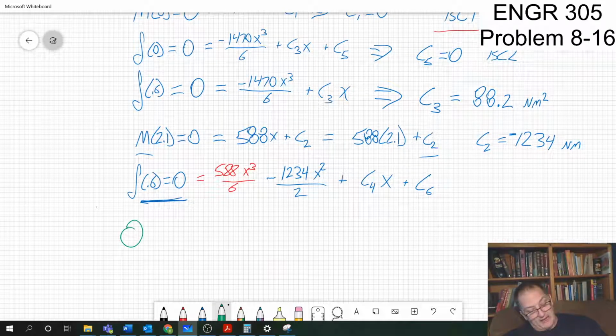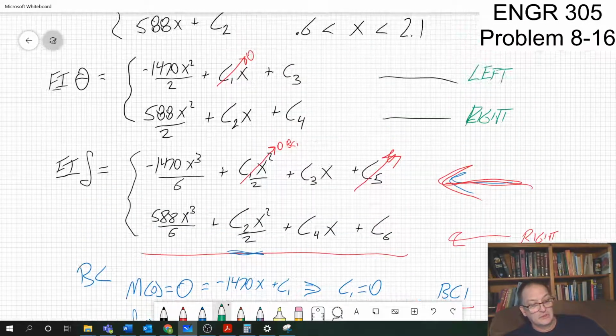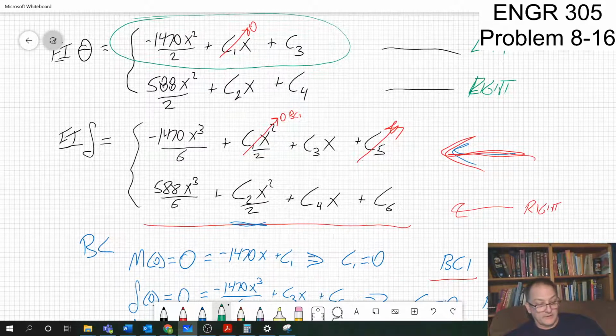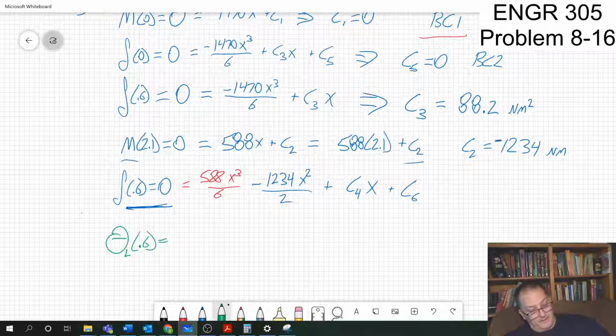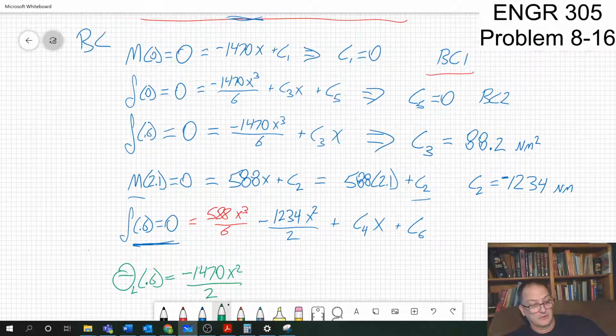So I'm going to write that theta from the left at 0.6 is equal to this, minus 1470 x squared over 2.